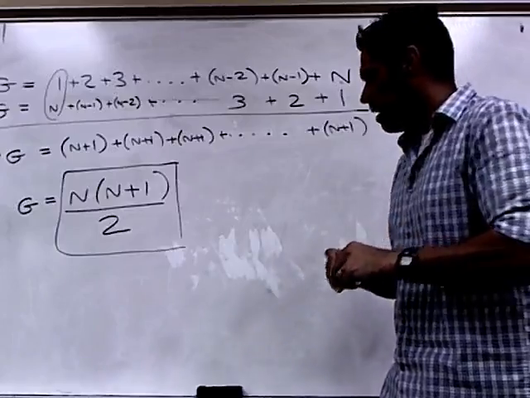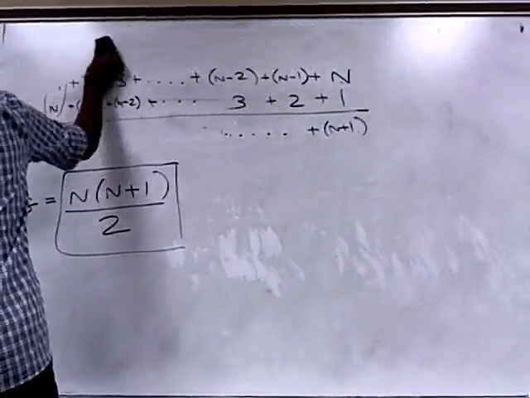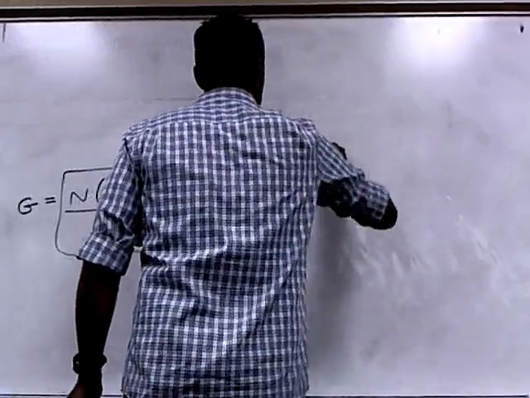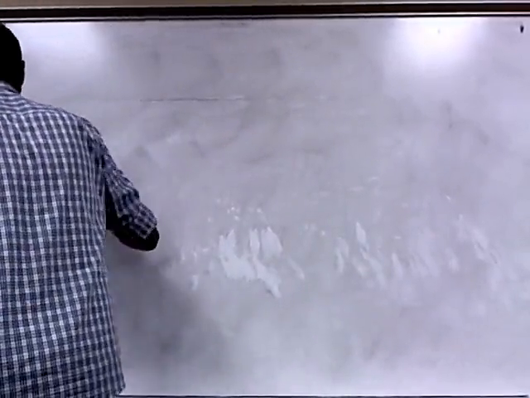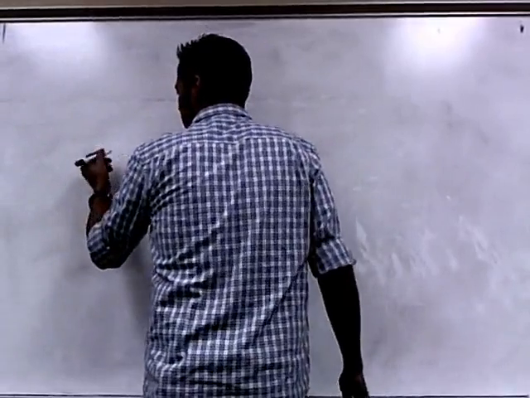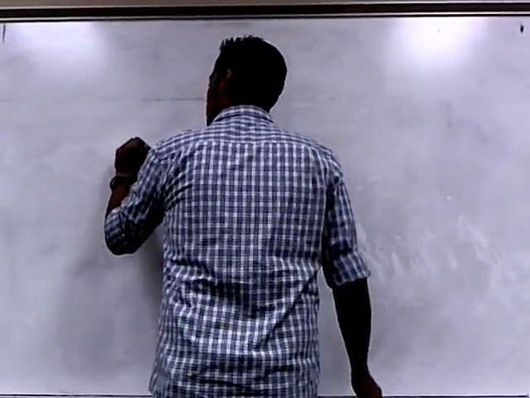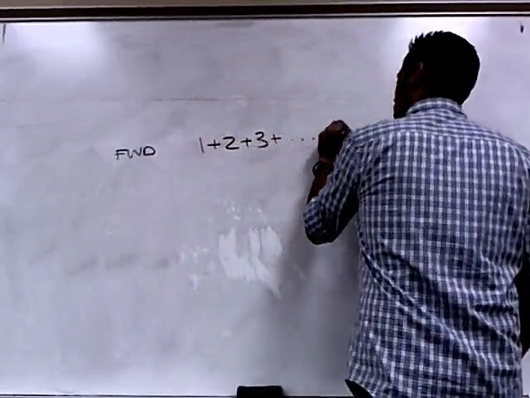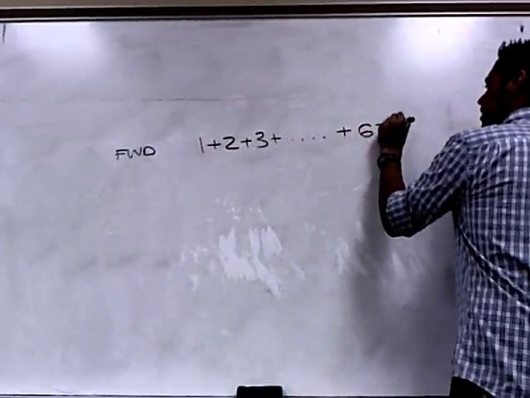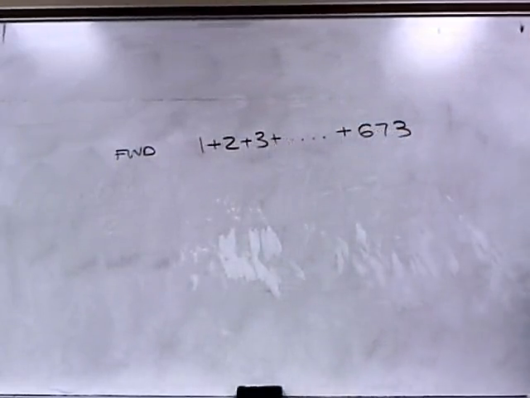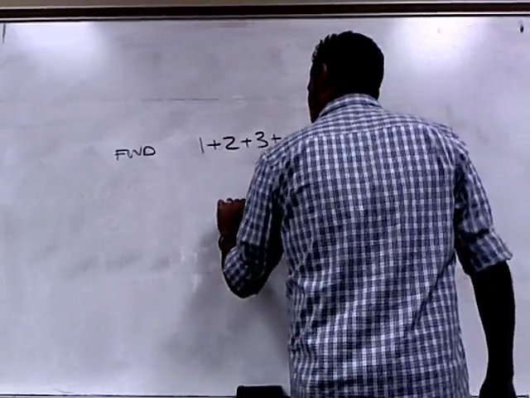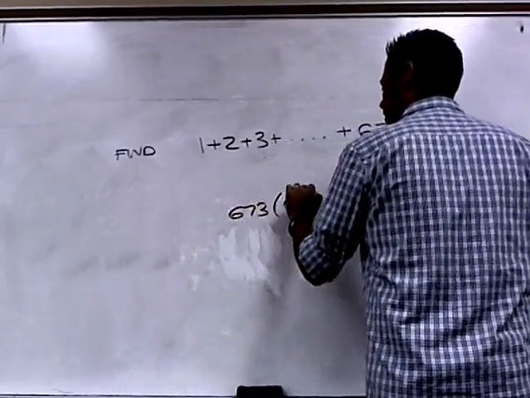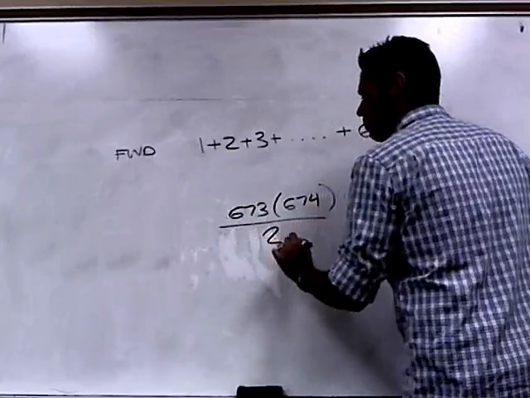So how could I possibly ask you a question on the test? As a bonus, perhaps, would be just to ask you to do something like this. Find 1 plus 2 plus 3 all the way out to something achievable, like 673. So what would that be? You break out your calculator, don't you? 673 times 674 over 2.